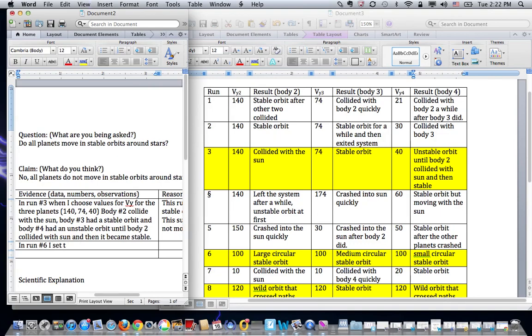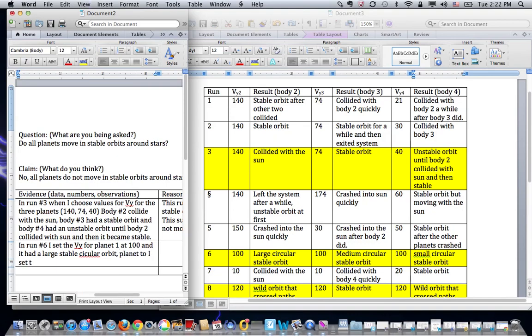I should say, I set the Vy for planet 1 at, let's see, 100, and it had a large stable circular orbit. Planet 2 I set to 100, and it had a medium stable orbit.